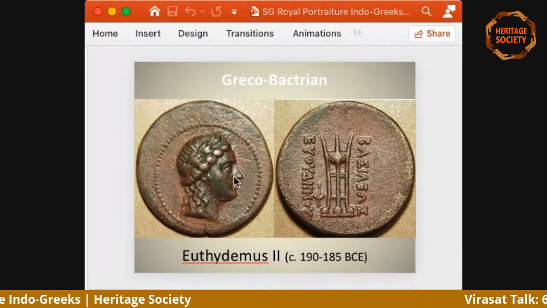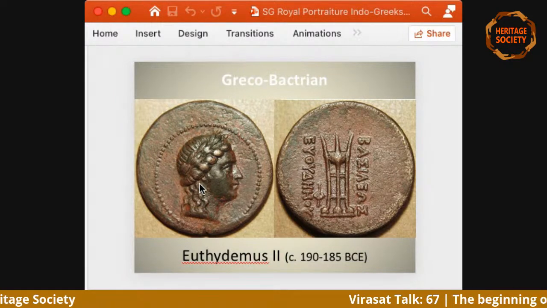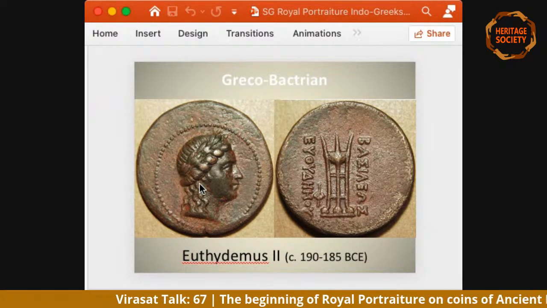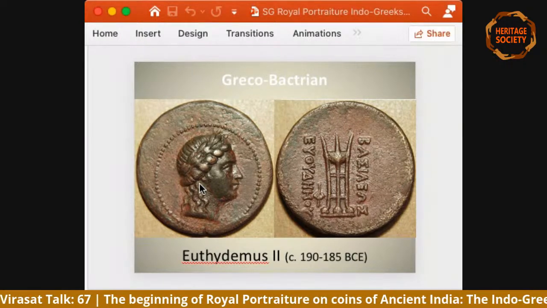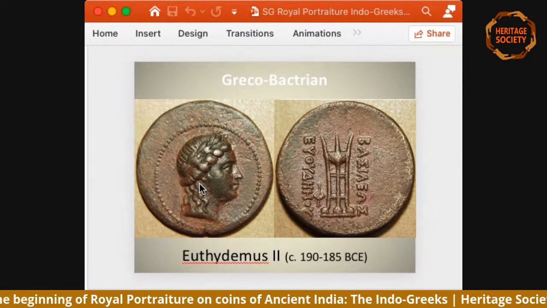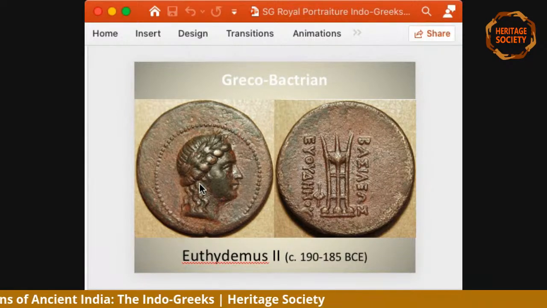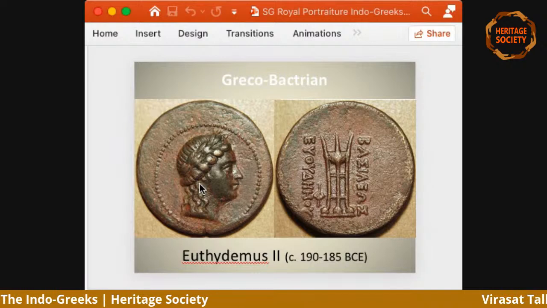This portrait is sometimes also identified not with the ruler, but with the face of Apollo, who was the Greek god of archery, music, dance, and also of diseases.